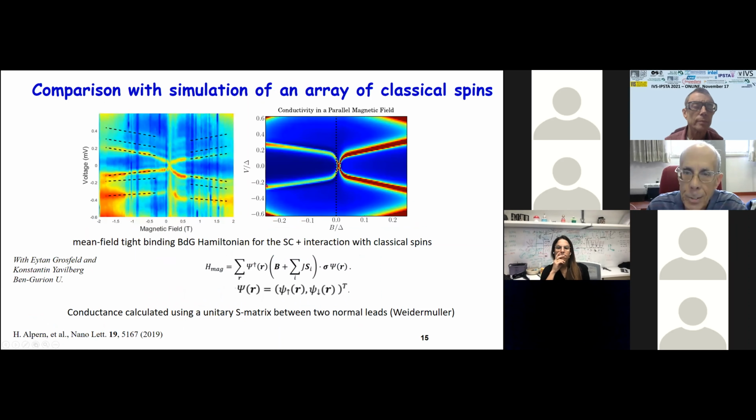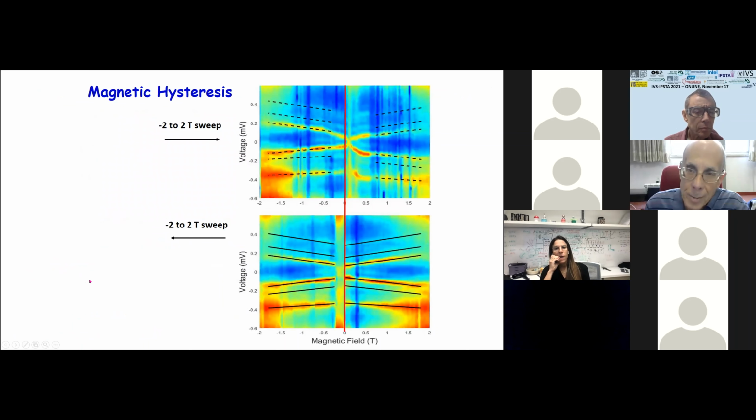We could also very well reproduce these results using a mean field tight binding Bogoliubov-de Gennes Hamiltonian, where this is the part of the magnetic interaction between the classical spin and the spinor of the Cooper pair. What is more striking, I think, and demonstrates more clearly that we are dealing with a magnetic system is this hysteretic effect.